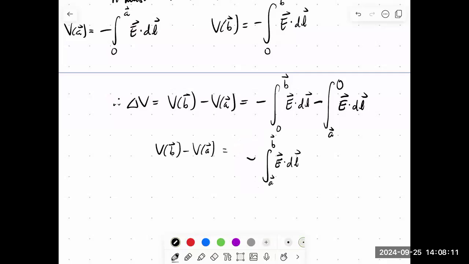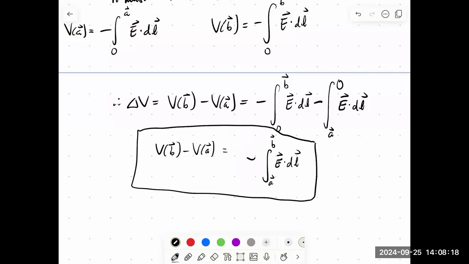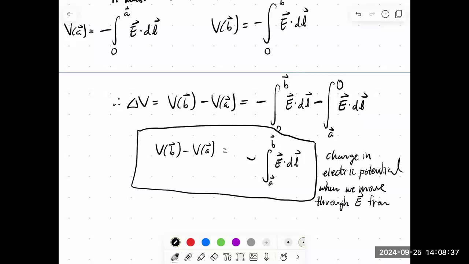So this is the change in electric potential when we move through an electric field E from an initial point A to some final point B.